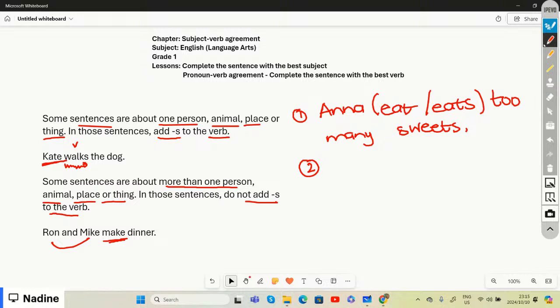Then we have another one. We say they, which refers to more than one person. So do we say they play, or do we say they plays the violin?